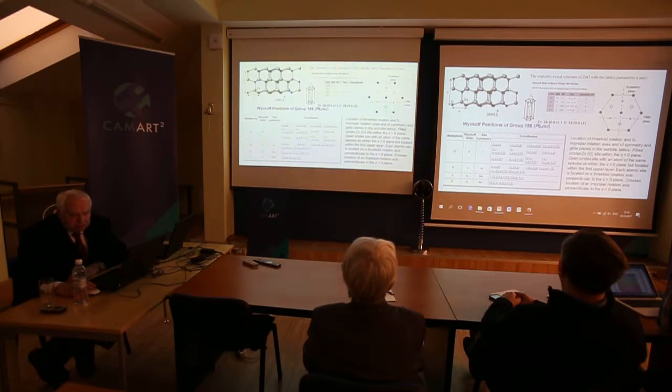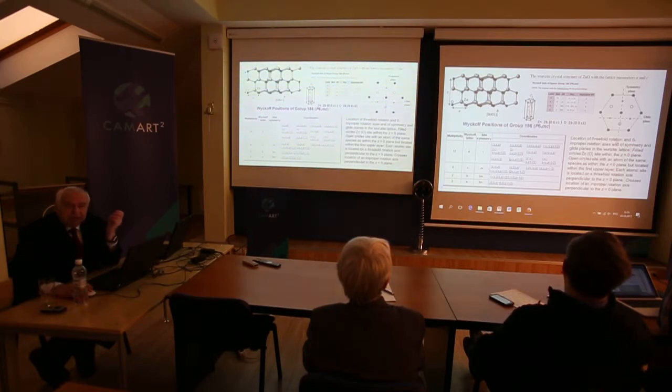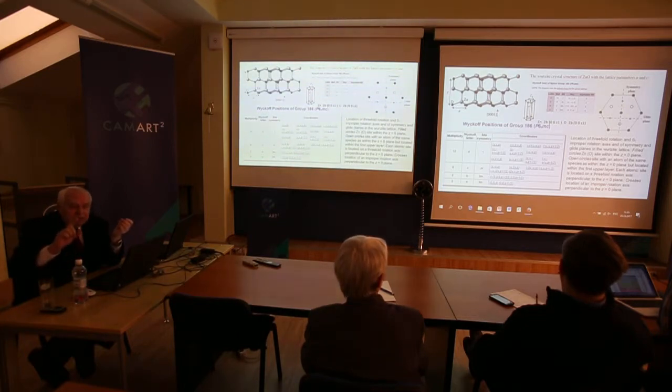rotate around the screw axis. Here I try to explain, but maybe we have no time for details, the threefold rotation. You know that if you make rotation around the 6 order axis 2 times, what will you receive? You will receive a rotation around the threefold axis. Yes? Because one half and second half, and 2 times 120 degrees.